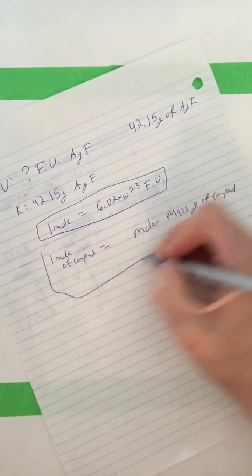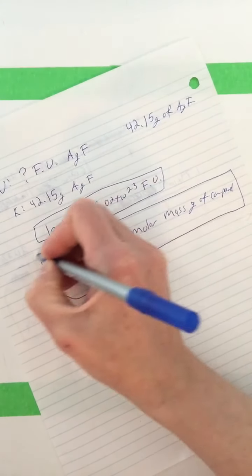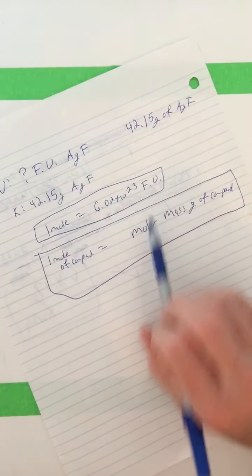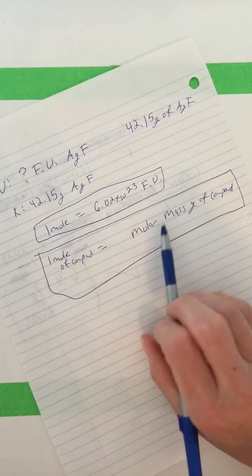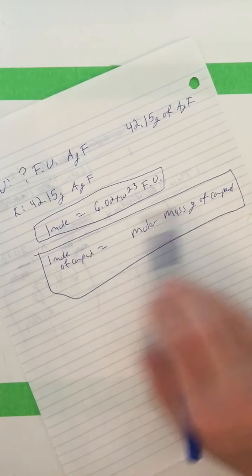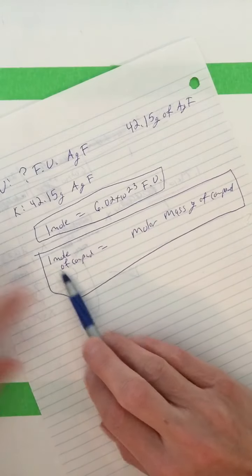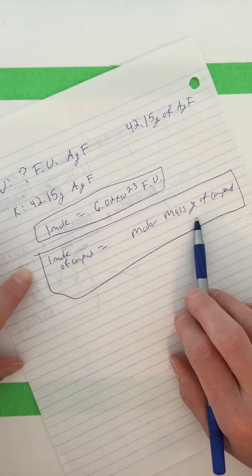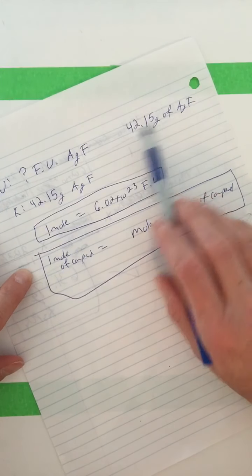That's the next conversion factor that I'm going to use. So I've got 2 conversion factors. Well, I got to figure out this one. I got to do a little bit of math before I can actually write out what the conversion factor is for this. What's the molar mass of AgF?